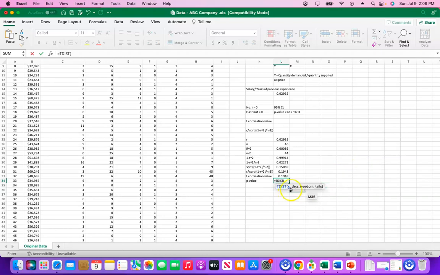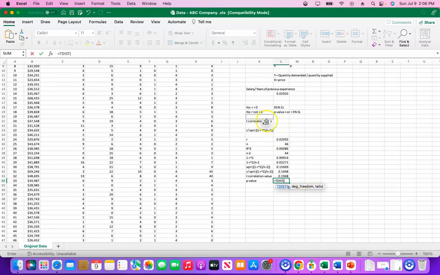In this case, it will ask you to put the X value, which is the t correlation. And now you're going to provide the degrees of freedom. In this case, we're going to take only n minus 1. So it is 46. And you're going to determine how many tails.